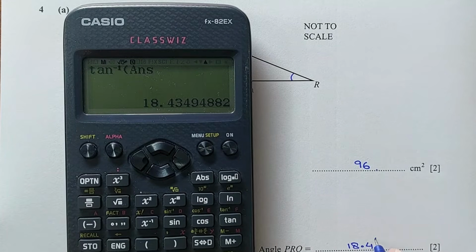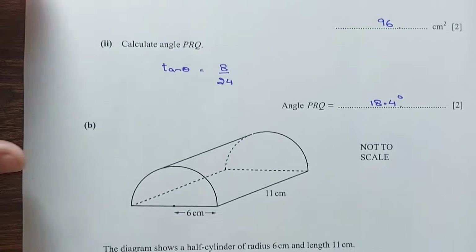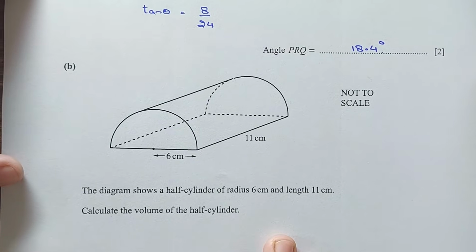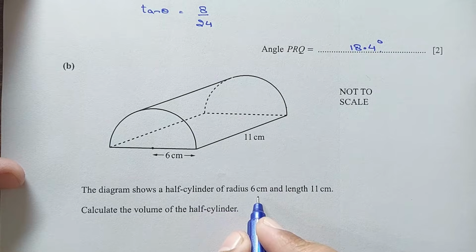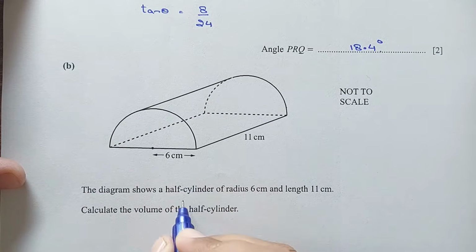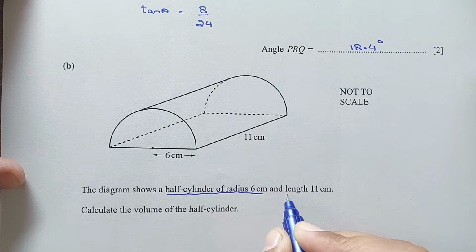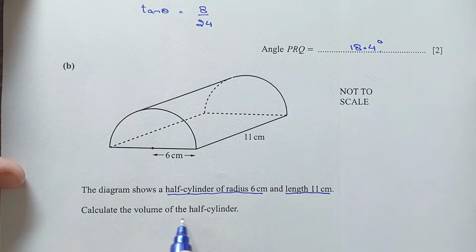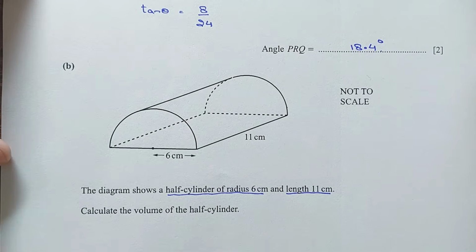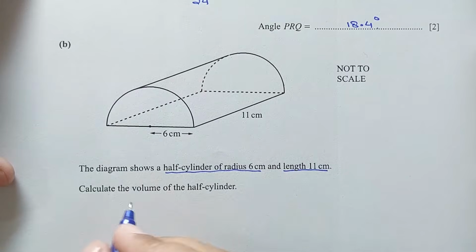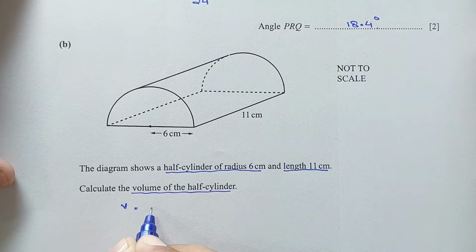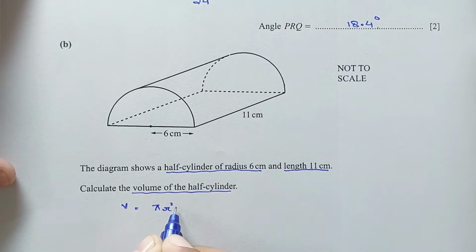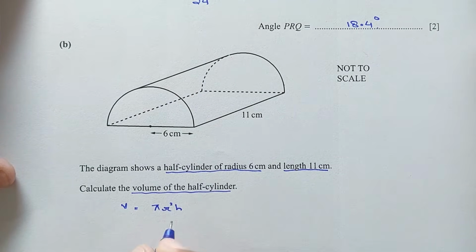18.4 degrees. Now for part B, the diagram shows a half cylinder of radius 6 centimeter and the length is 11 centimeter. Calculate the volume of the half cylinder. The volume of a cylinder is pi r squared h. Since it is a half cylinder, we divide it by 2.